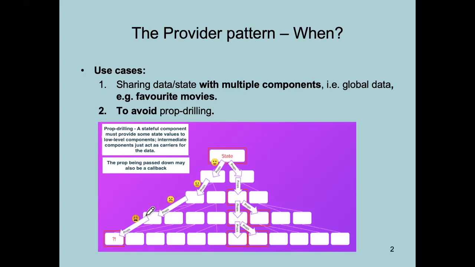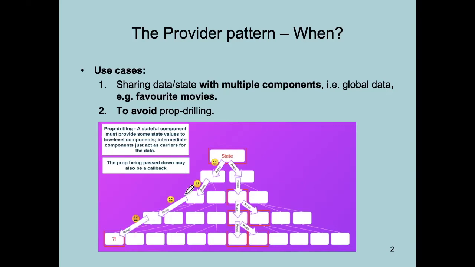But there are other components that need to know about that data, probably because they render it, or maybe even they trigger a change to it. So let's suppose this component needs to know about it, and this one does, and these two do. If we didn't have the provider pattern, the only way we're going to make the data available to them is to pass the data via props down to the components that need them.